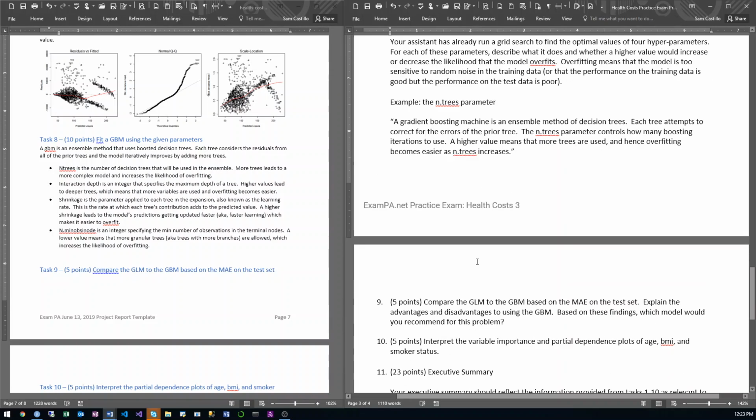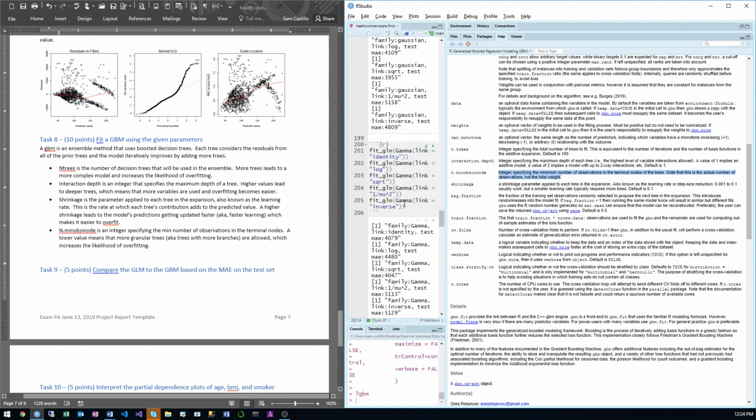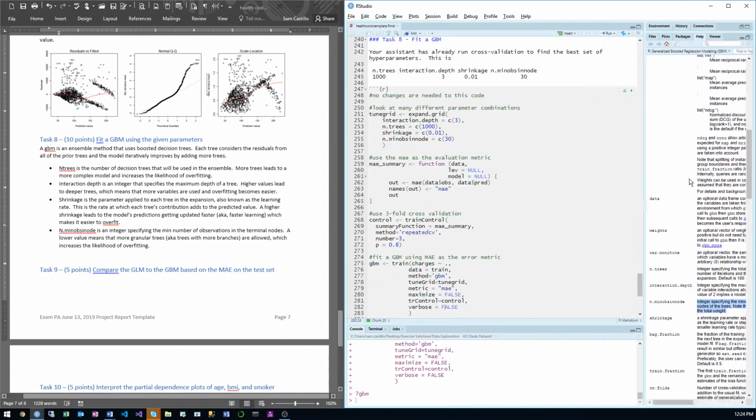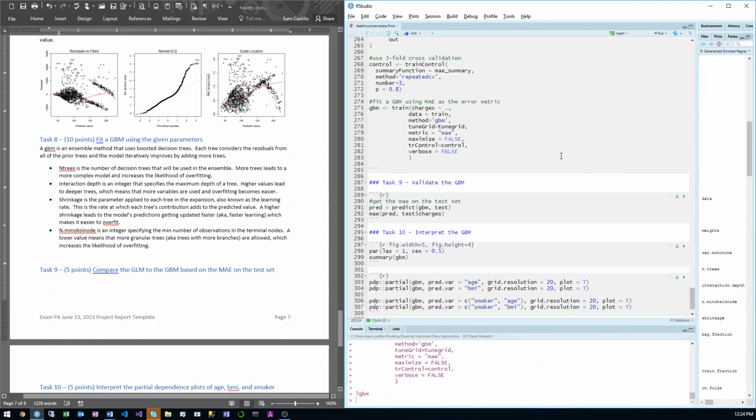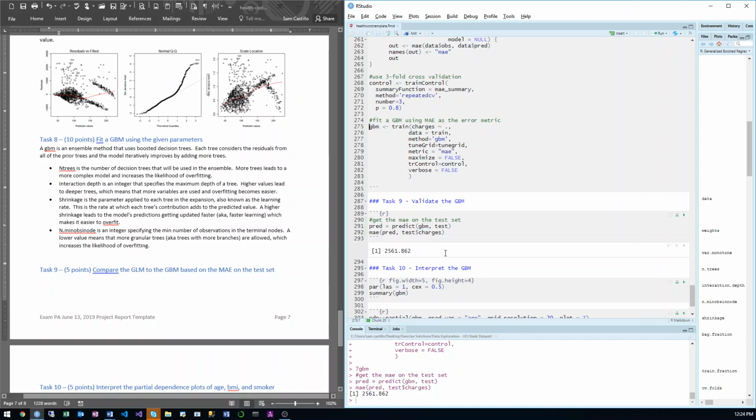Okay. Task 9. Compare the GLM and GBM based on the MAE of the test set. Explain the advantages and disadvantages to using the GBM. Based on these findings, which model would you recommend for this problem? So we've run this section to create the GBM. And now we'll evaluate the MAE, and wow, we see that it's 2,561. What does that mean?